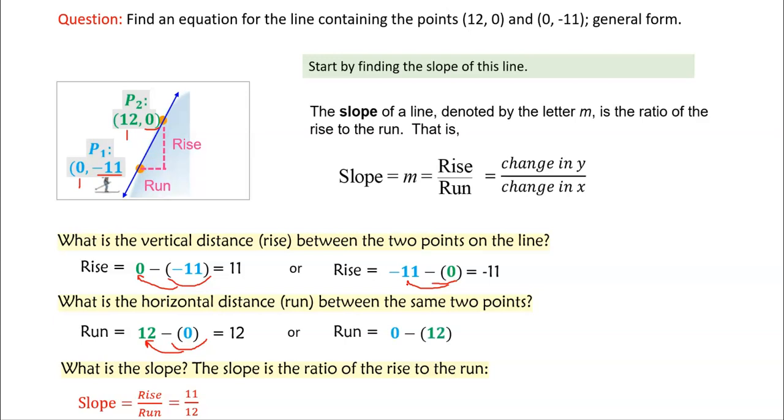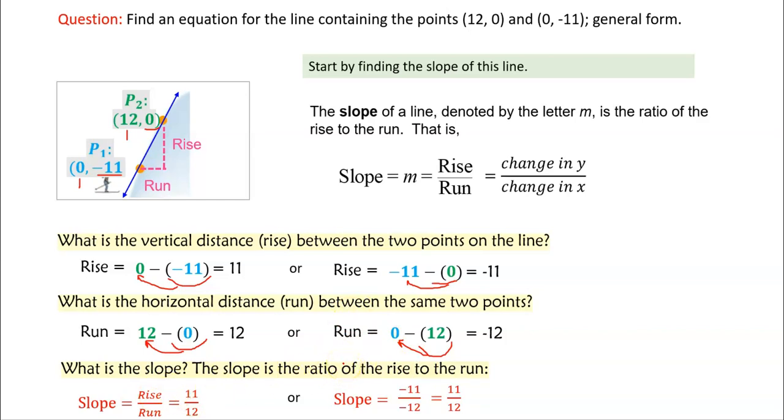If we do it this way, we should calculate the run in the same order also. We should subtract the x coordinate of the green point from the blue point, which is -12. And slope is -11 over -12, which is 11 over 12. So we get the same slope value.